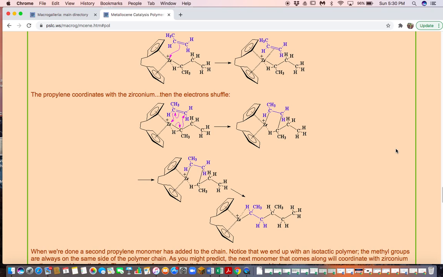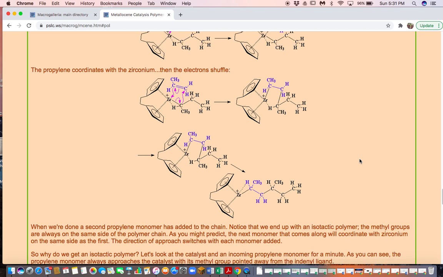Okay? This whole process produces an isotactic polymer. That means that the pendant groups, in this case the methyl groups, like these guys, are always going to be pointed on the same side relative to each other, same side of the polymer backbone.